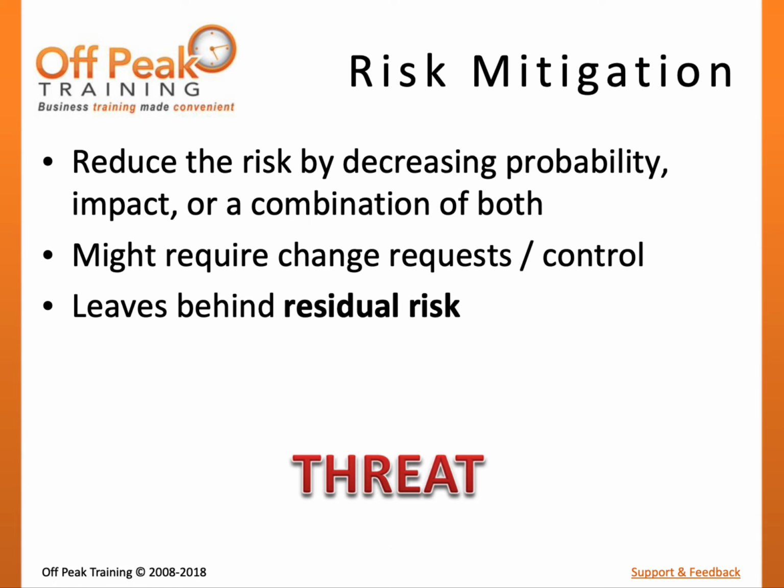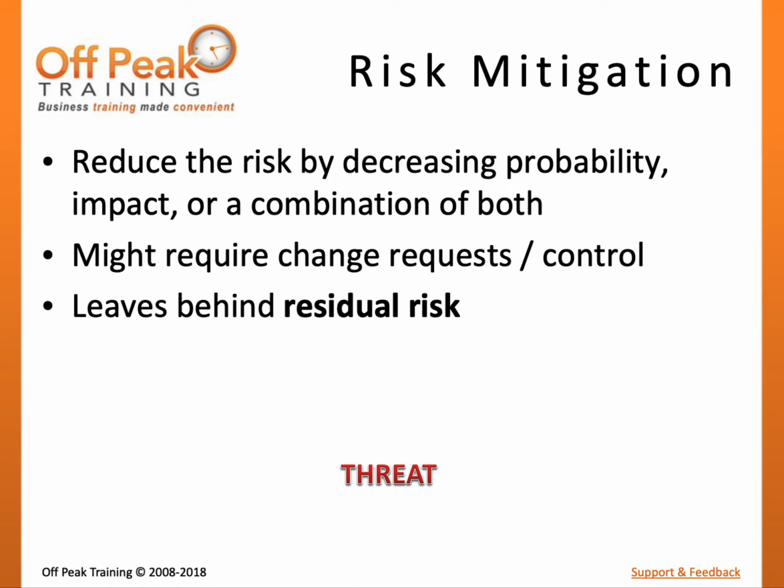Since drastic changes to scope or other project objectives will usually not be ideal, another response strategy that can be used is risk mitigation. In risk mitigation, the project team will somehow reduce the overall threat to the project. Typically, this will mean reducing the probability, reducing the impact, or a combination of both.